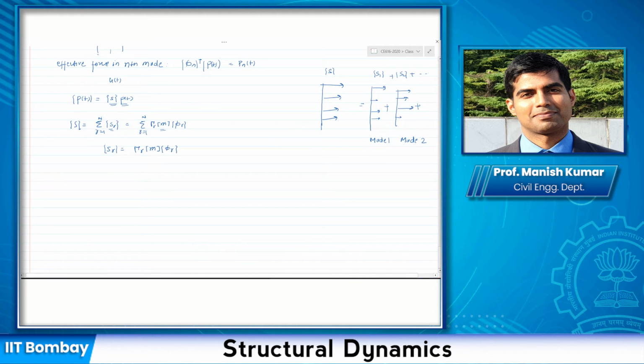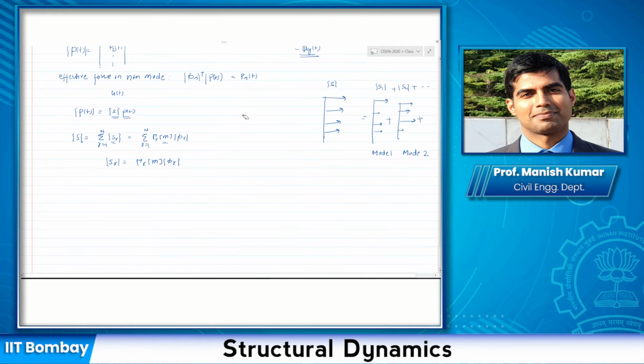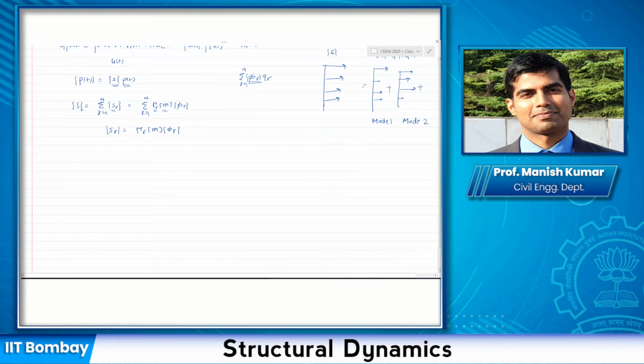Well, if you remember, to get the modal coordinates q1, q2, we had written again the mass, or this vector here, phi times q_r, summation r equal to 1 to N. The idea is that if I write it in terms of multiplication with some mode shape and multiply with the transpose of another mode shape, I can use the condition of orthogonality and find out these factors that we have defined. So I'm going to do exactly that.